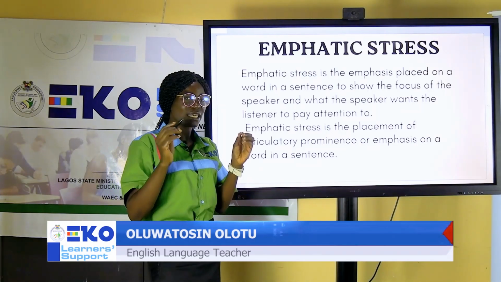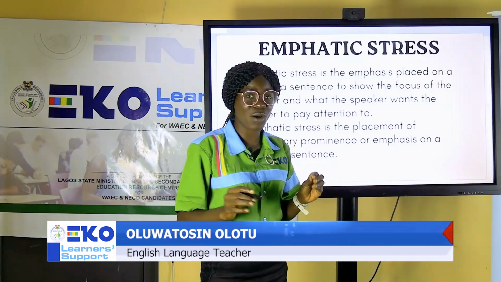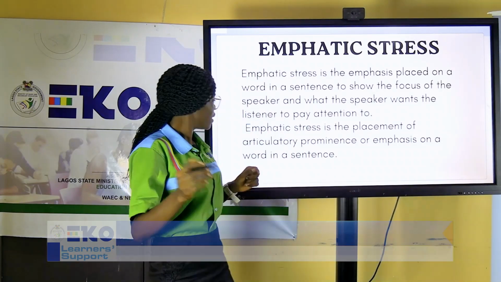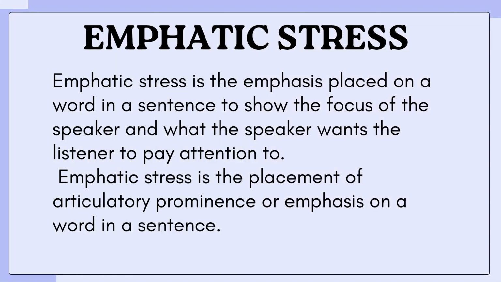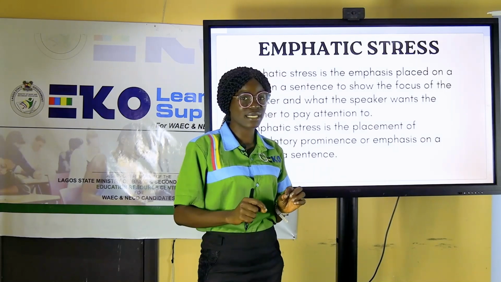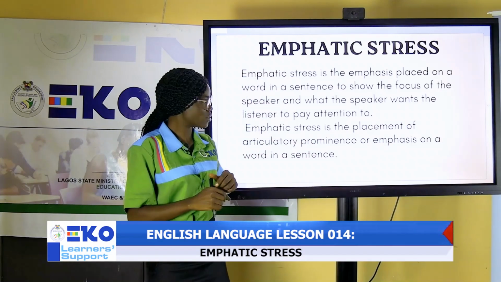If a speaker wants you to pay attention to a particular word, they lay emphasis on that word in a sentence. Also, emphatic stress is the placement of articulatory prominence or emphasis on a word in a sentence. In other words, when you emphasize a particular word in a sentence, you are drawing the attention of your listener to that word.